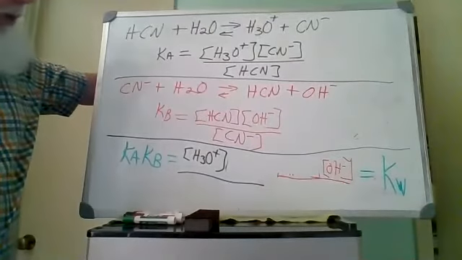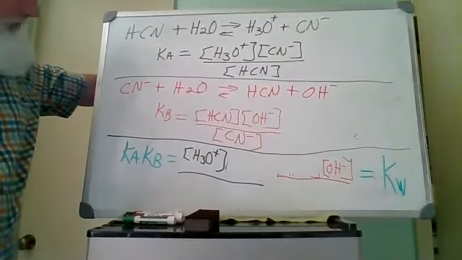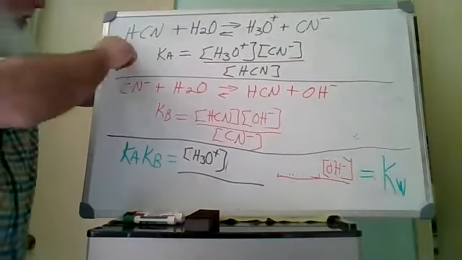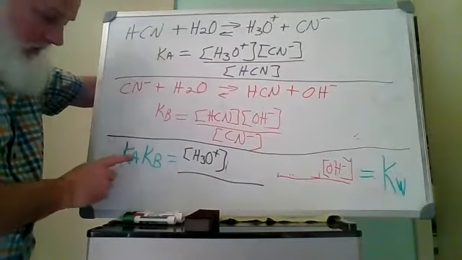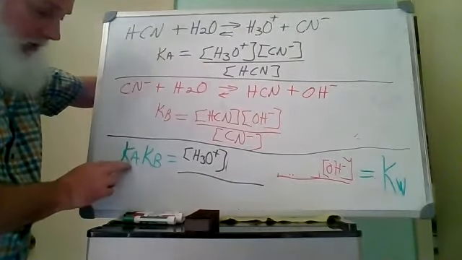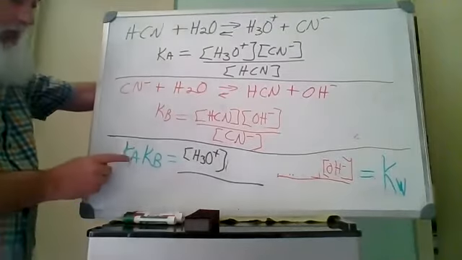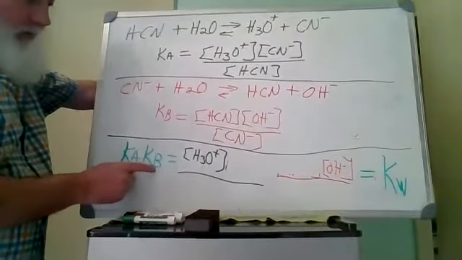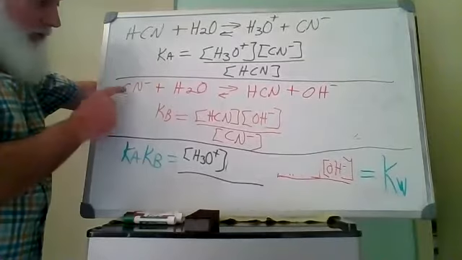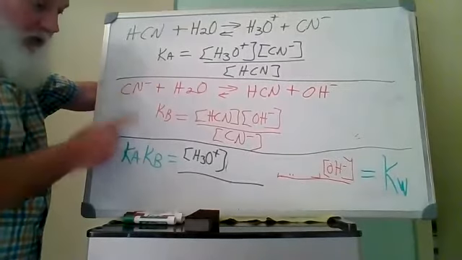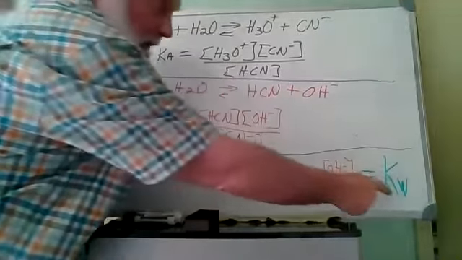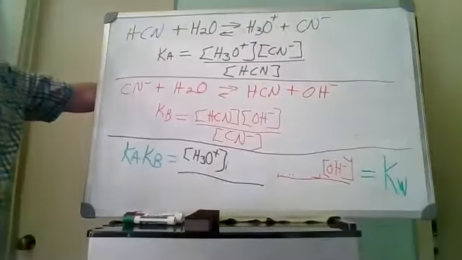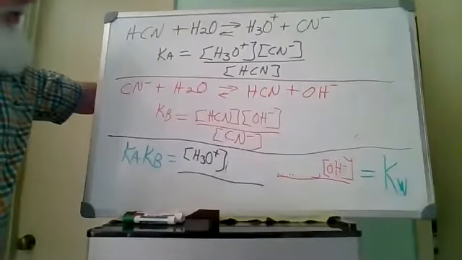Okay? So what we have proven here is that if you take the equilibrium constant, the ionization constant for an acid dissociation, and the equilibrium constant for the hydrolysis of the corresponding base, you multiply those two together, you get a result equal to 10 to the negative 14th, right?